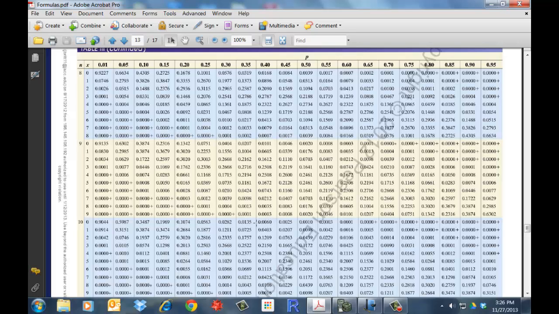So we're going from x equals 0, no defective items, plus 1 defective item, plus the probability of seeing 2 defective items in a batch of 10, plus the probability of seeing exactly 3 defective items in a batch of 10. So let's add up these probabilities.